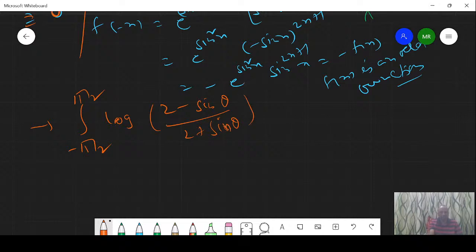This is the given problem. Options given are 0, 1, 2, minus 1.